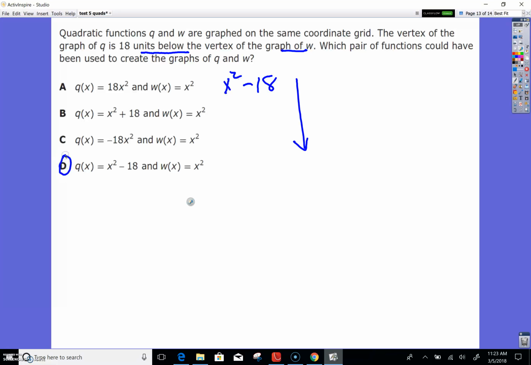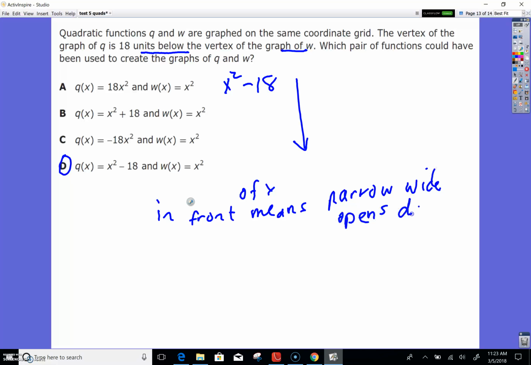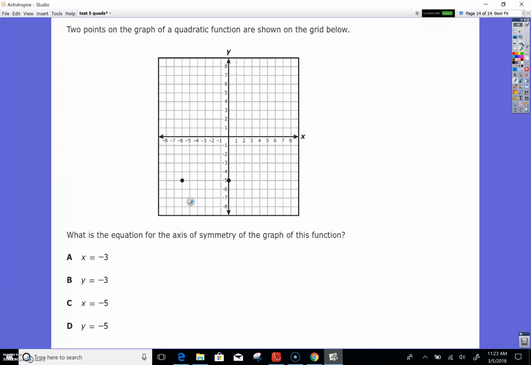So right here, even though this one right here, remember this one, if it's in front, it doesn't translate, okay? It's not below. If it's in front of x, it means narrow, wide, okay? Or opens down.